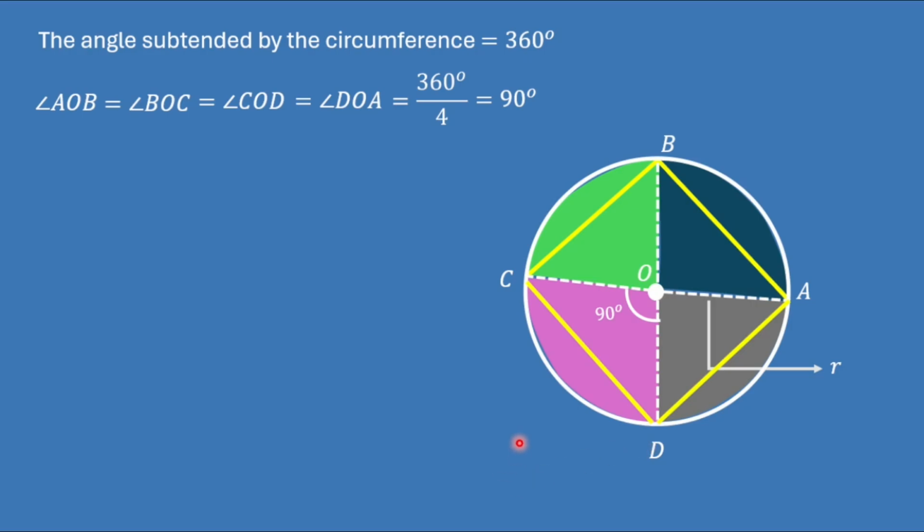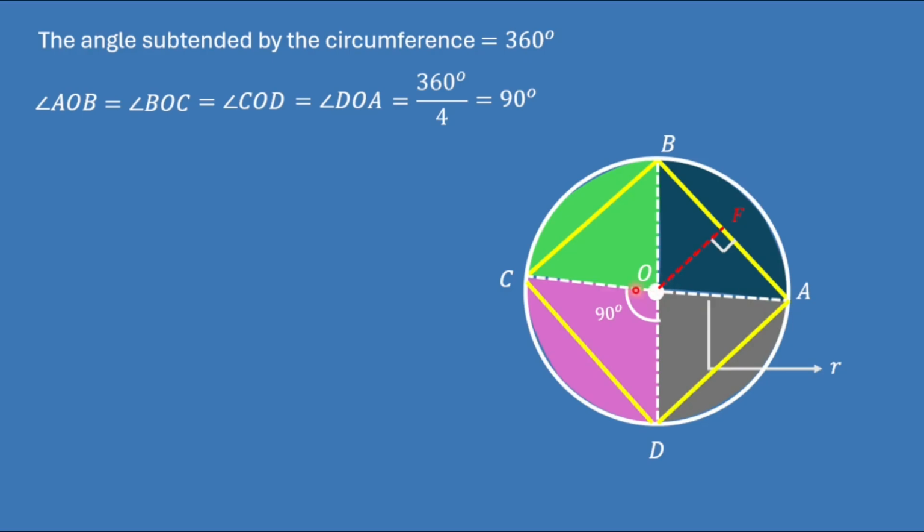Now I draw a perpendicular bisector on side AB from center O and denote the point with F. Since this is a perpendicular bisector, the angle at this point is 90 degrees. Now this perpendicular bisector is also an angle bisector, and we can define the angle AOF in terms of angle AOB.